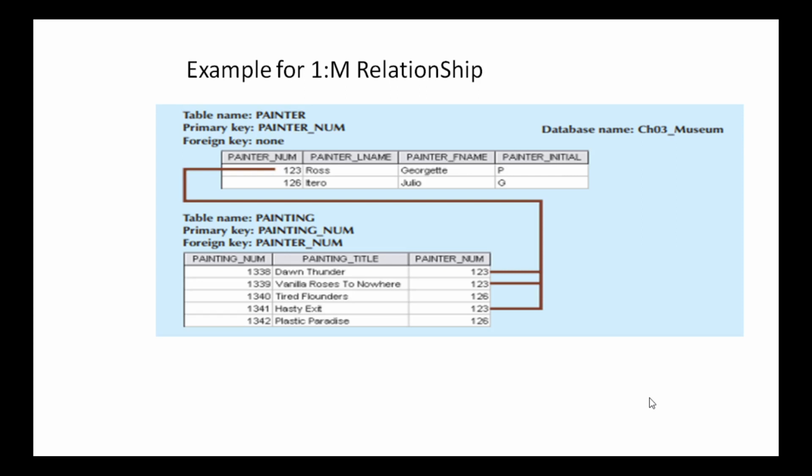These 3 paintings were painted by painter 123. That means in the painter table one record relates with 3 records, many records, in the painting table. This is how the relationship exists between those two tables in the database.